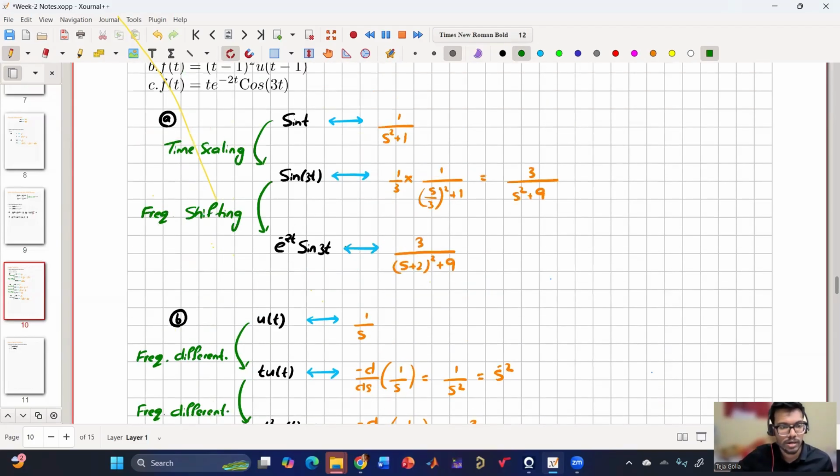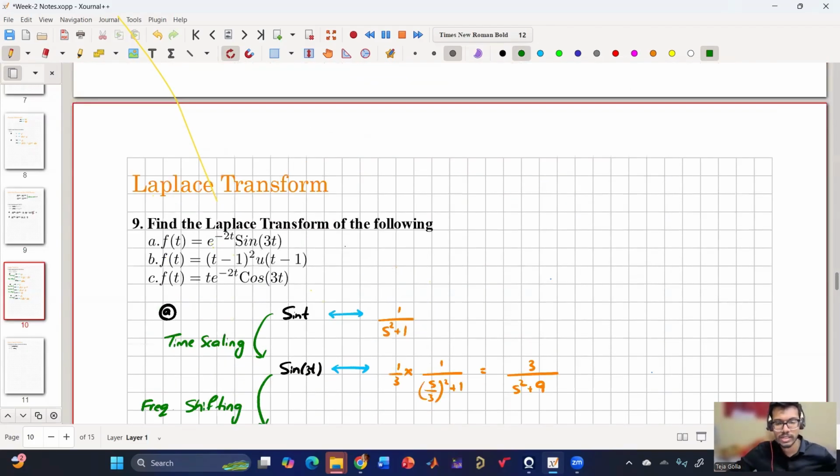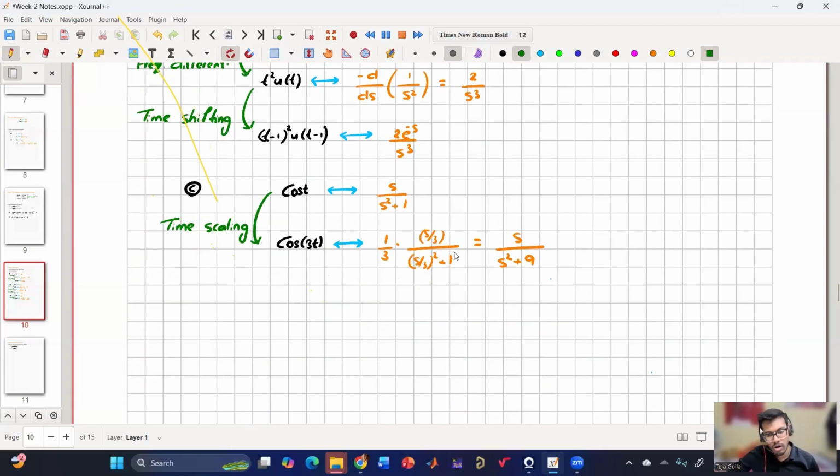So I got cos 3t. So now from cos 3t, which term should I add first? t into cos 3t. Yes, we can do t into cos 3t, or we can also do e to the power minus 3t, but whatever you say, t into cos 3t.